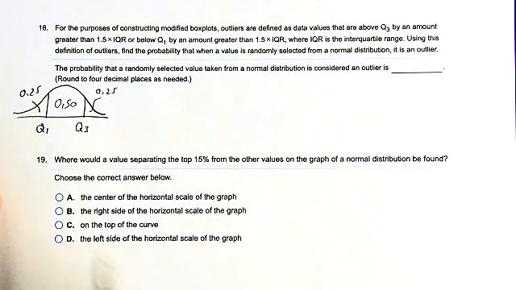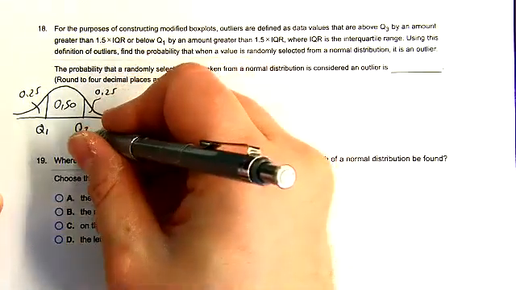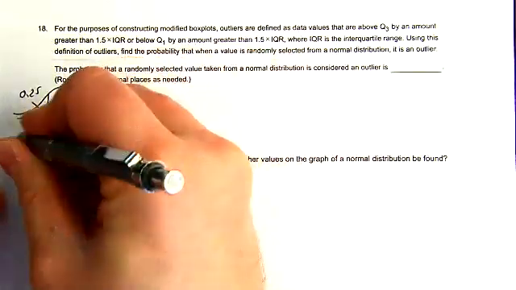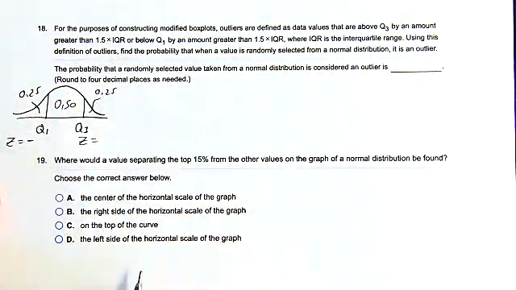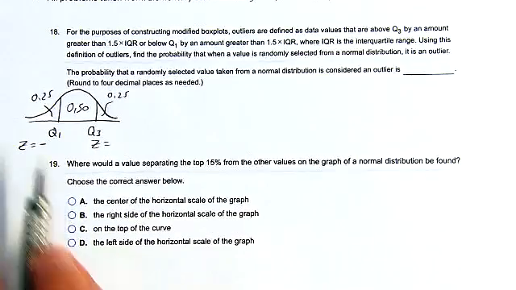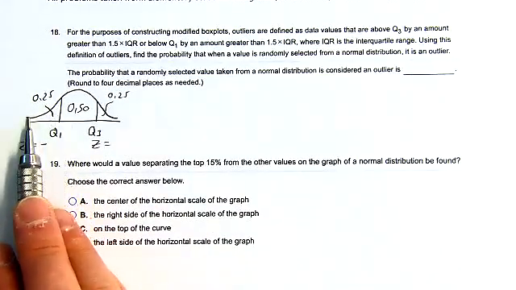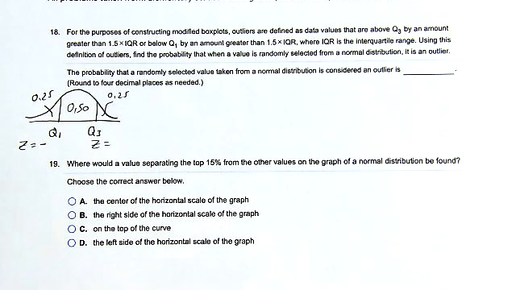So we can get z-scores for these two values. So we have a z for Q3 and a z for Q1. Notice Q1 is going to be negative because it's to the left of the middle. So let's look up 25%, because that would be to the left of Q1, and get its z-score.